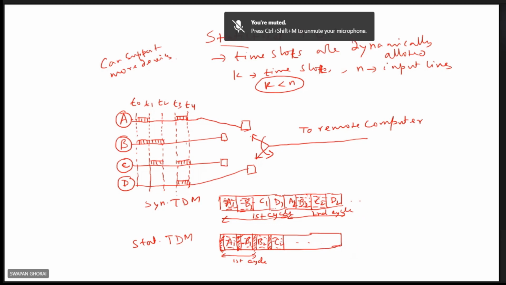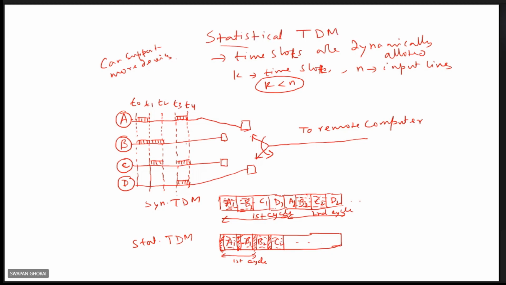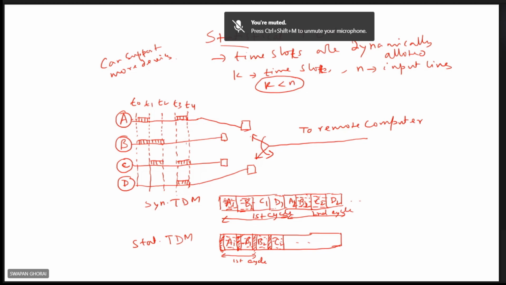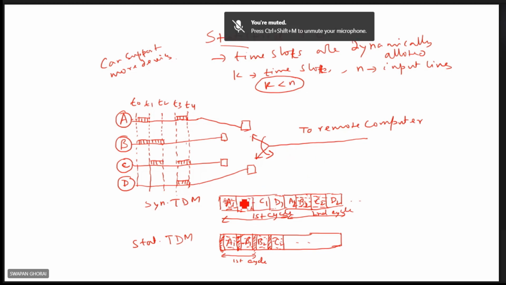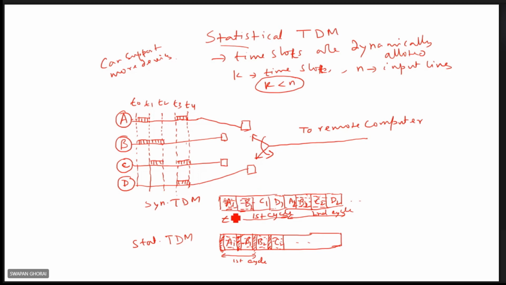So that is for statistical TDMs. In this case, if you consider these things, two of the four time slots are empty in the first cycle, right?